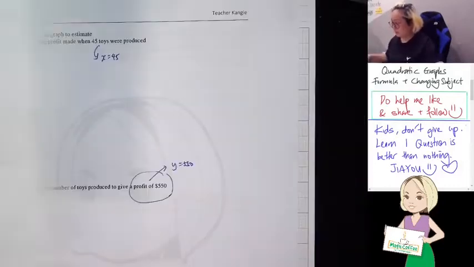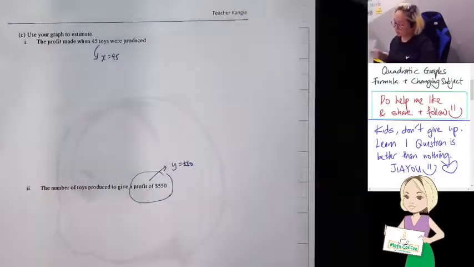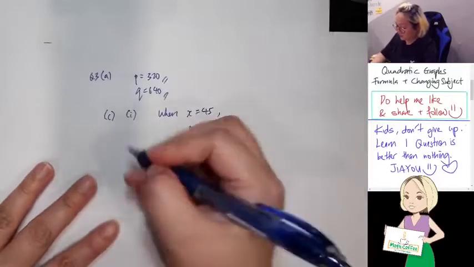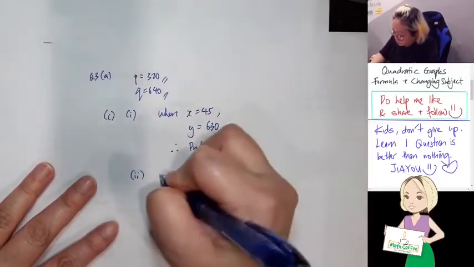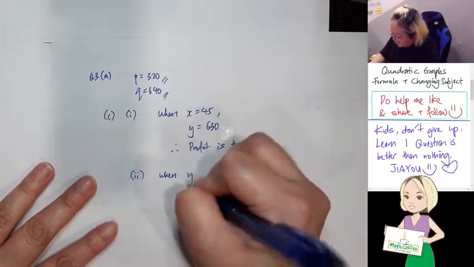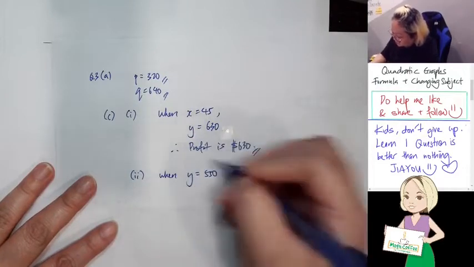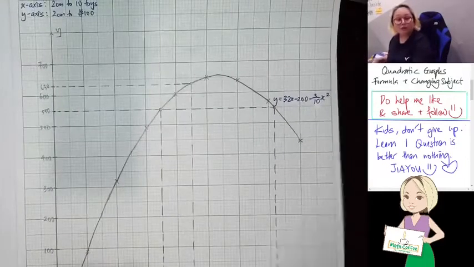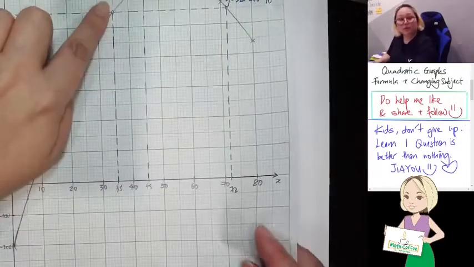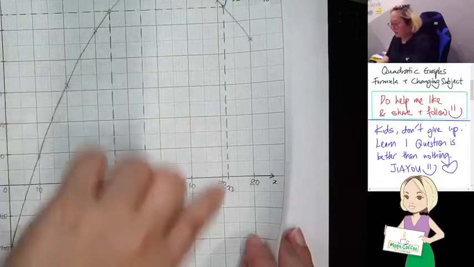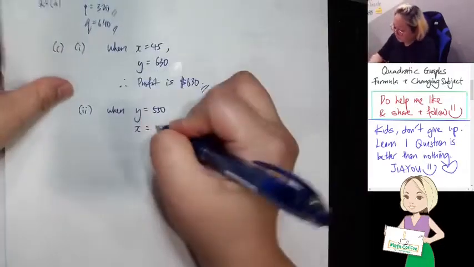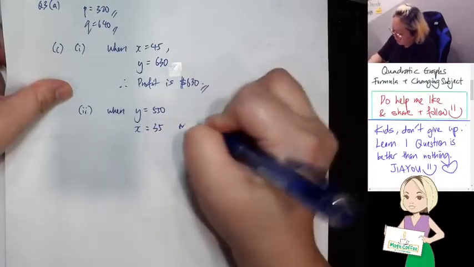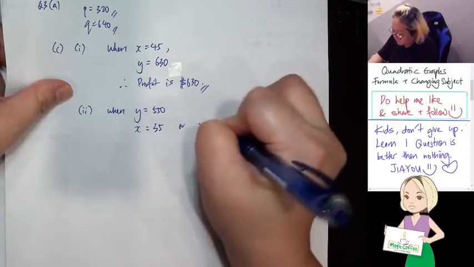So after that, what I'm going to do is, remember to answer their question over here. So part 2, when Y is equals to 550, my X is equals to 35 and 72, right? Sorry, 35 and 72. So 35 or X is equals to 72.